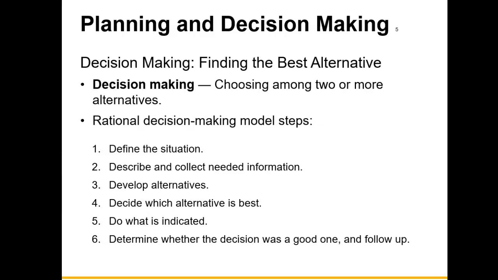All right. Next, we talk about planning and decision making. With decision making, you're going to choose among 2 or more alternatives to determine what is the best decision for that business organization. So, we have a model of steps that helps us determine how to choose the best decision.